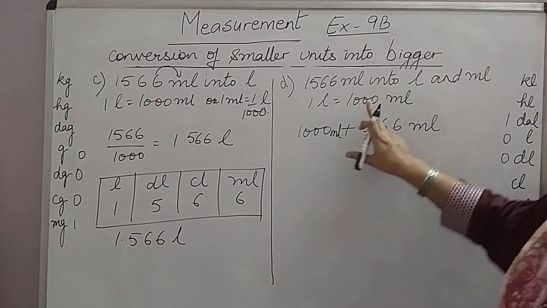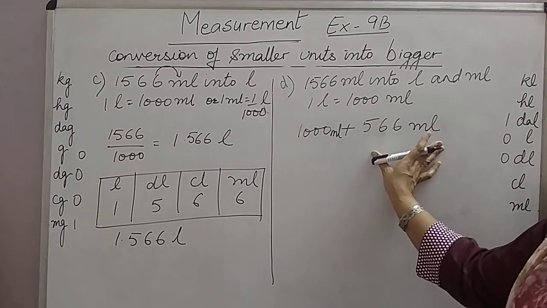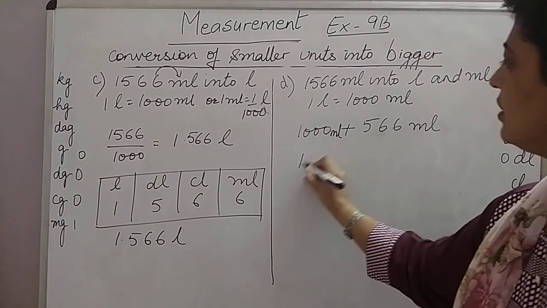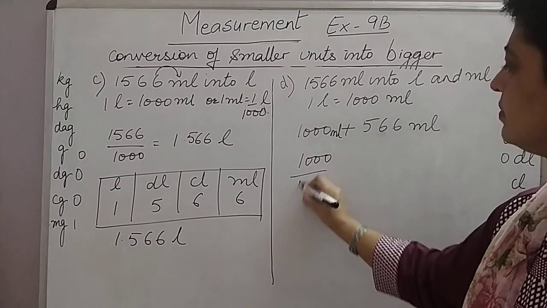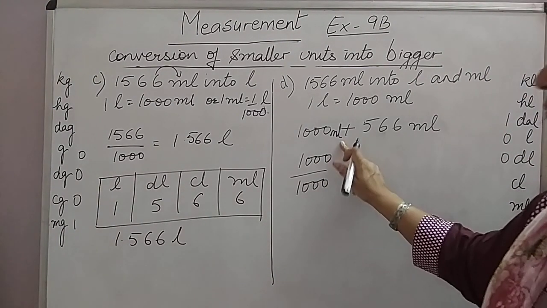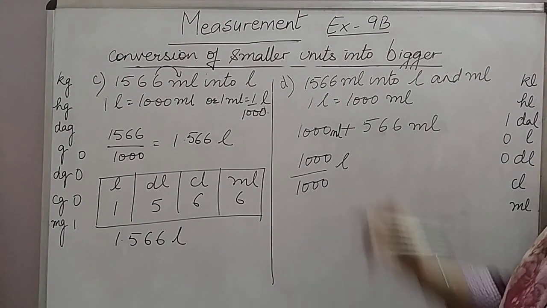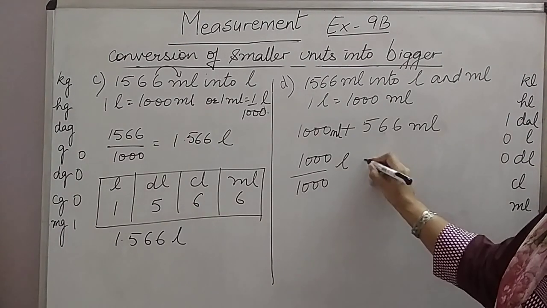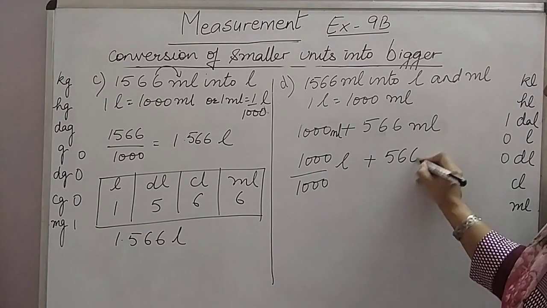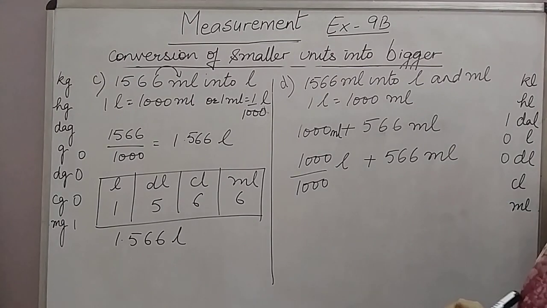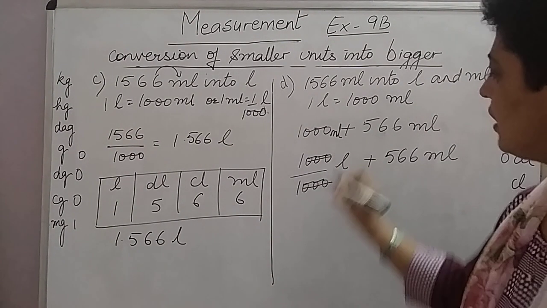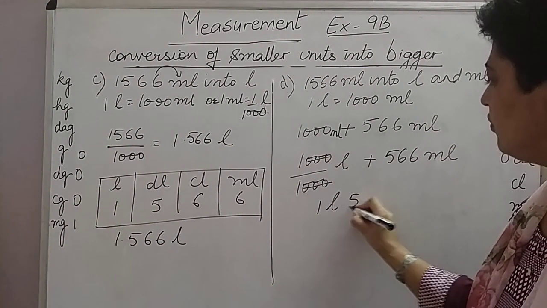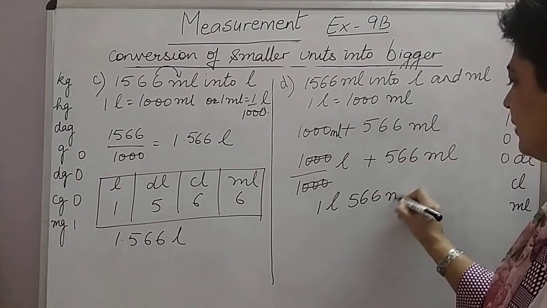So we'll divide this by 1000 and this will remain as it is. Now we'll not write milliliter with it because after dividing it becomes liter. But this will remain as milliliter. Zeros will cut, so this is 1 liter, 566 milliliter.